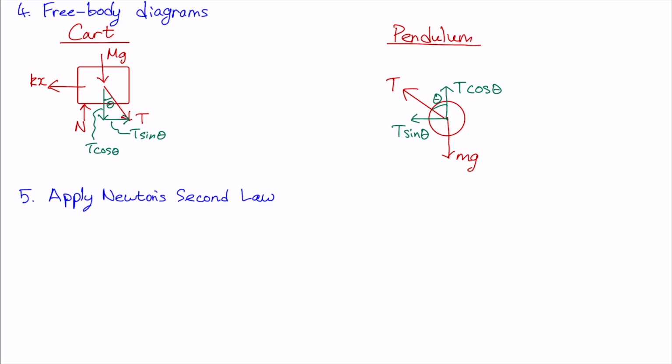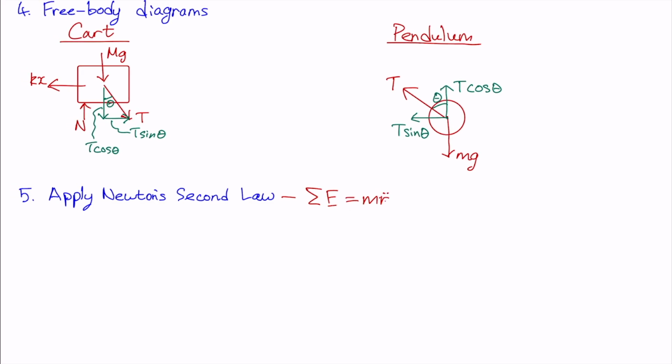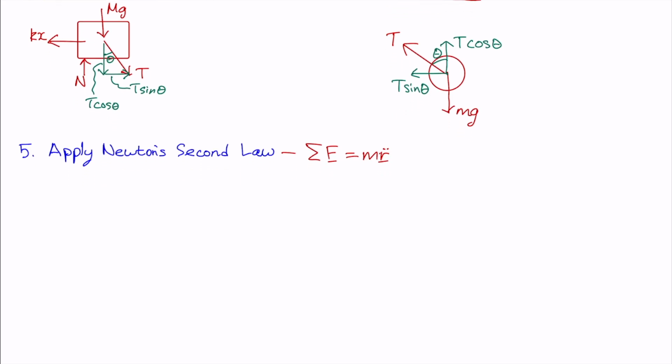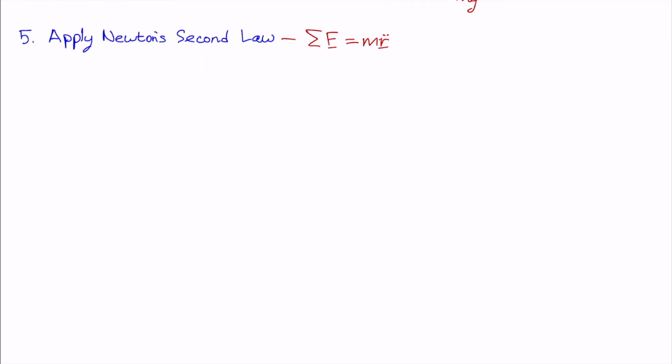From here, we can go and apply Newton's second law, which again is the sum of the forces is equal to the mass times the acceleration for each component. Let's start with the cart. So we'll write cart here. Again, we're doing this for each object.